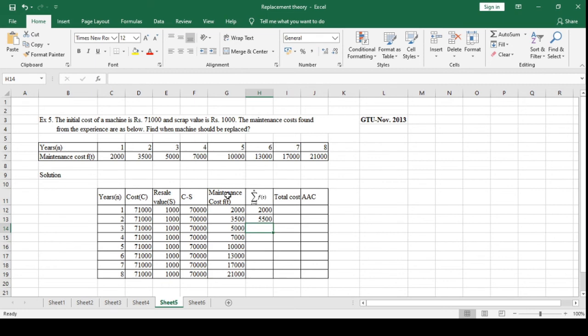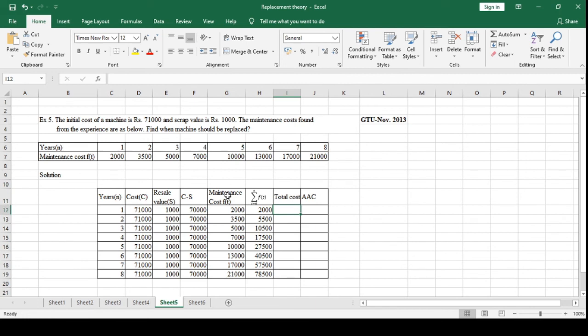So for the third year we will get the answer of 10,500, for the fourth year 17,500, for the next year we will get 27,500, for the next year 40,500, for the next 57,500, and for the last year we will get 78,500.